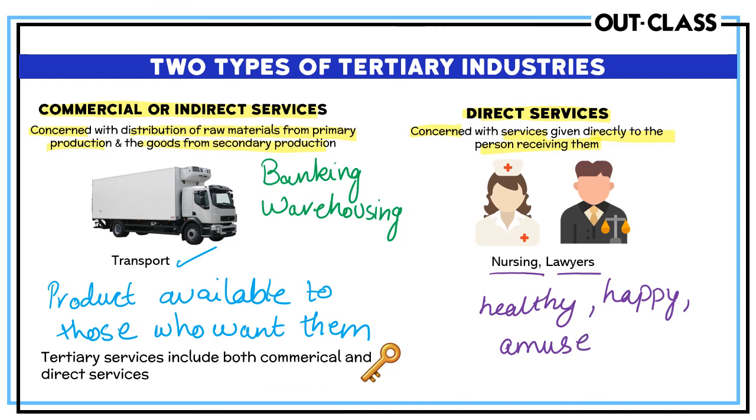So direct services and indirect services are service provision. What you need to remember is that commercial or indirect services are concerned with the distribution of goods, while direct services are simply the services given to an individual person.